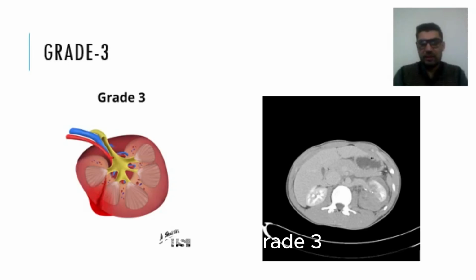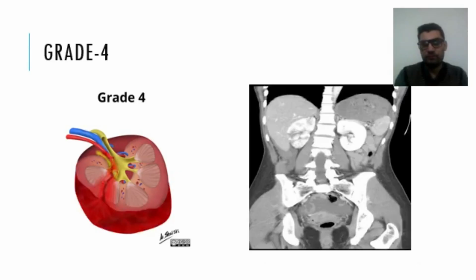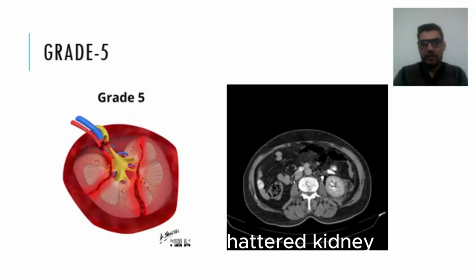This is grade 3, in which laceration is greater than 1 centimeter without involvement of the collecting system. This is grade 4, laceration involving the collecting system or segmental vascular injury. And this is a shattered kidney, avulsion of the renal hilum.